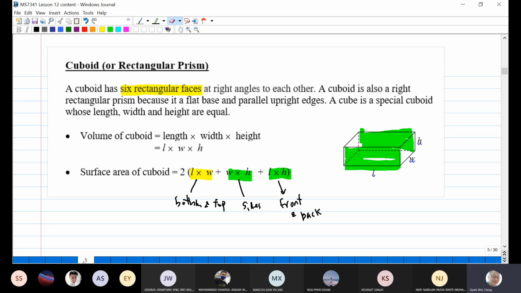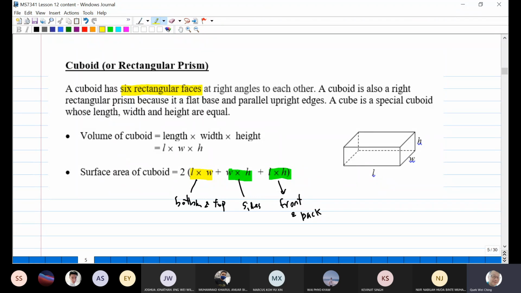Now, how do you find the surface area? Let me show you all the surfaces here. The one highlighted in yellow is the top and bottom surface.